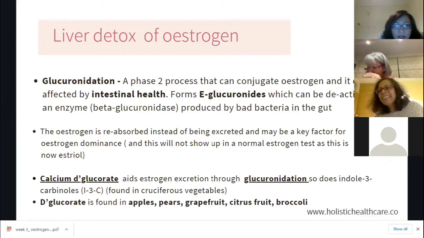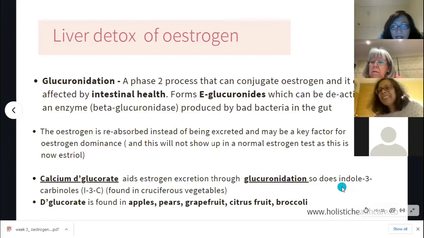Okay, so moving on, there's a nutrient called calcium D-glucarate, or glucarate, sorry, it's also spelled with an A as well. That aids estrogen excretion through the glucuronidation process. And the famous indole 3-carbinol, which you see in practically every estrogen type of supplement.